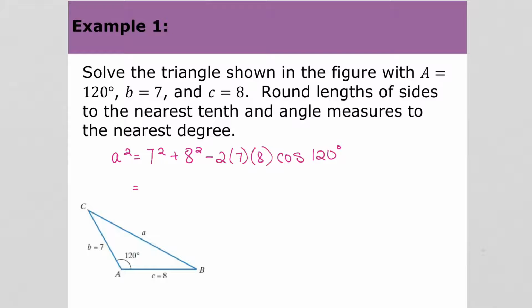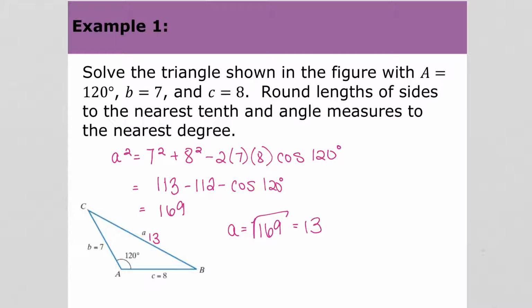So we've got 49 plus 64, which is 113. 2 times 7 times 8, that's 112. Minus cosine of 120. That's 169. So that's A squared, not A. So to find A, we just need to take the square root of 169. It's 13. So that side is 13.